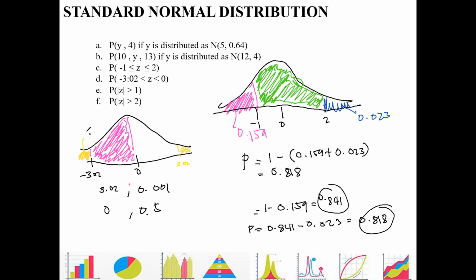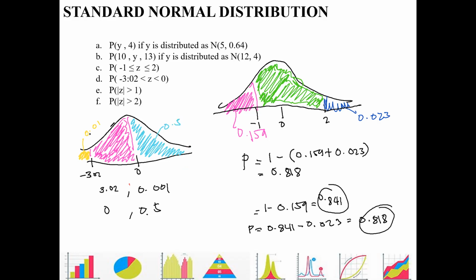So, this is 0.001. Nasaan naman yung 0.5? Yung 0.5 naman is ito. So, ito ang ating 0.5 for the 0.